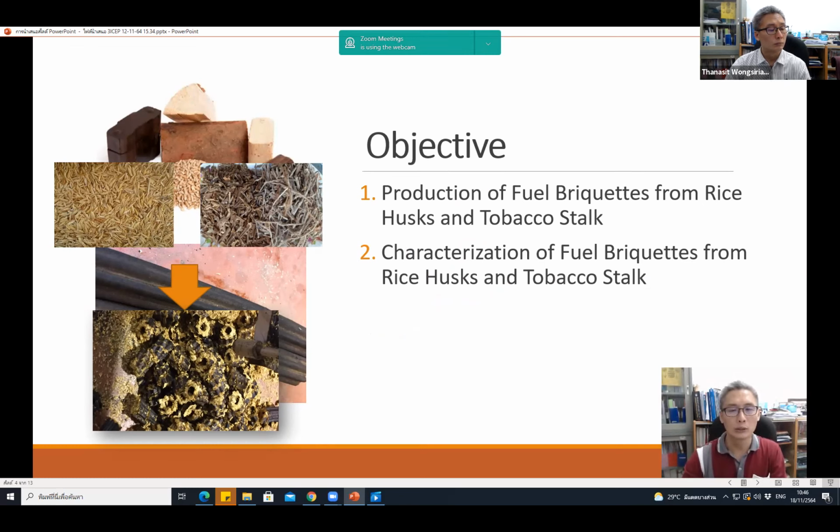Converting this residue to renewable energy could be useful, but there is little research on densification. Mixing of rice husk with tobacco briquette has also not yet been studied for its characteristics and properties. The objective of this research is to study briquette production and briquette characteristics.